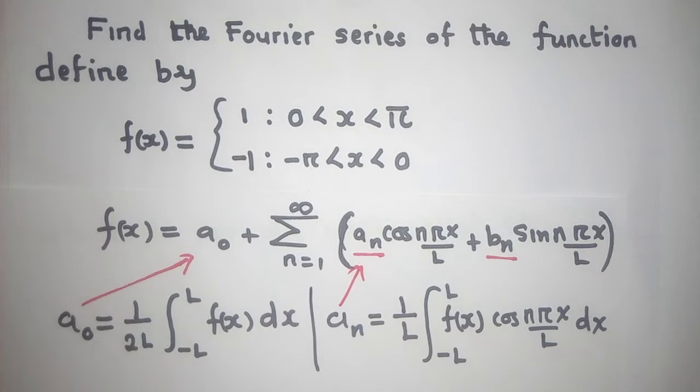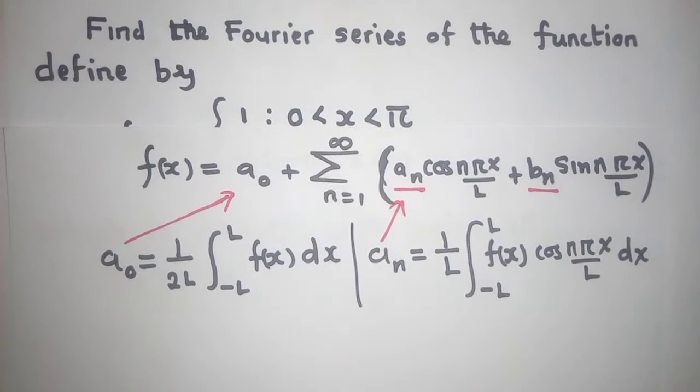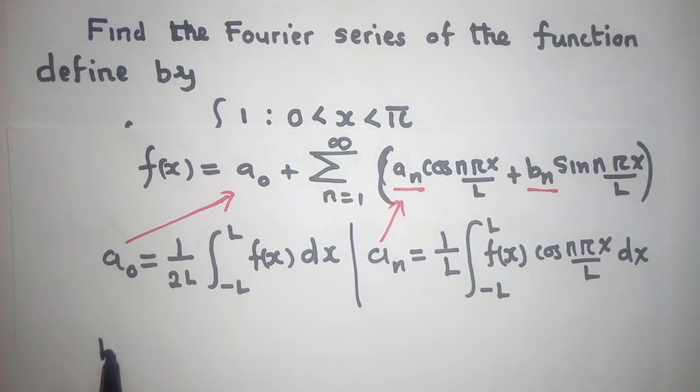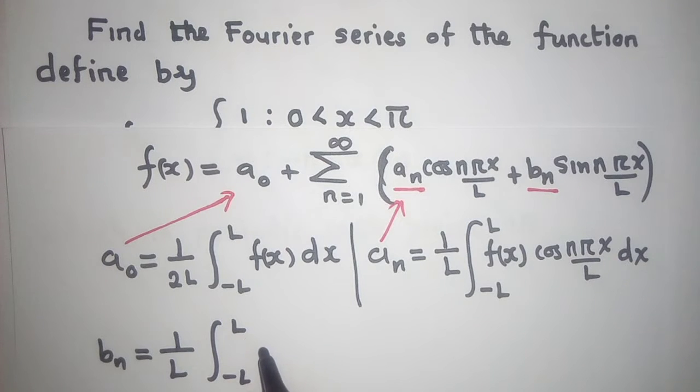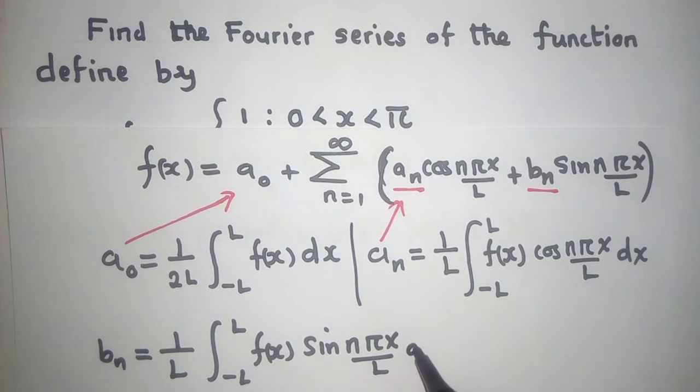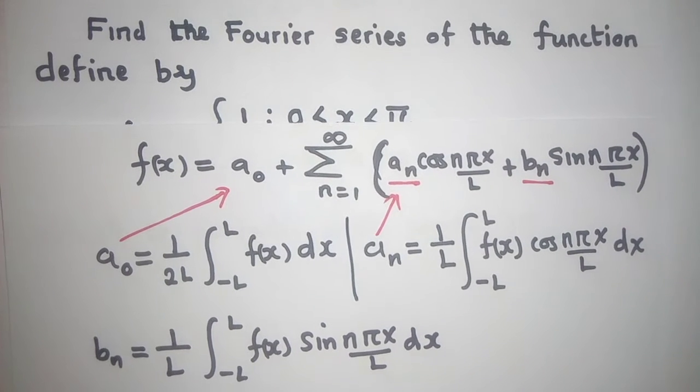So the formula for b sub n is equal to 1 over L, lower limit there and upper limit, f of x sine n pi x over L dx.